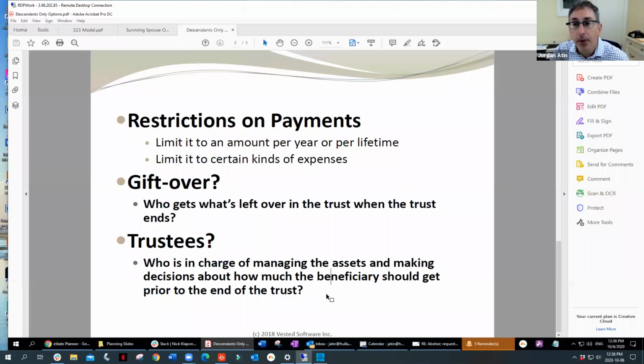So that's the person or people who are in charge of that trust. And if you've given them the ability to decide how much to pay out before the end of the trust, they obviously have great power. And what I say to clients is you've got 1, 2, or 3 people that you could pick to do that. If you picked a single person, you can do that.